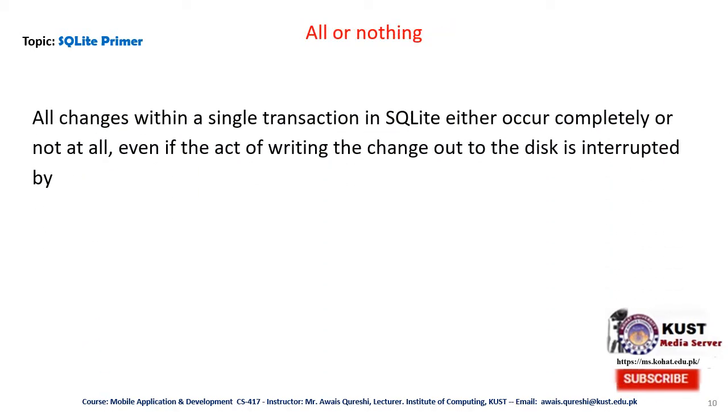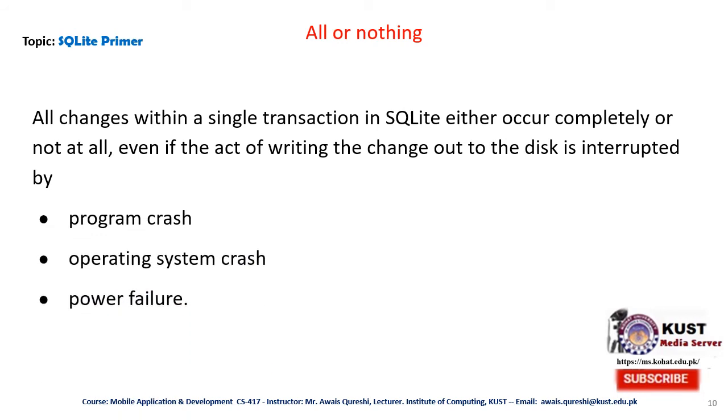All changes within a single transaction in SQLite either occur completely or not at all, even if the act of writing the change out to the disk is interrupted by a program crash, operating system crash, or power failure.